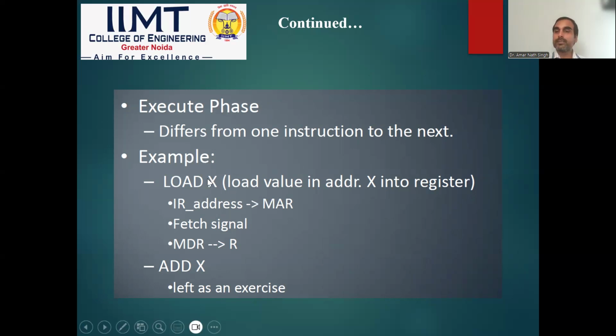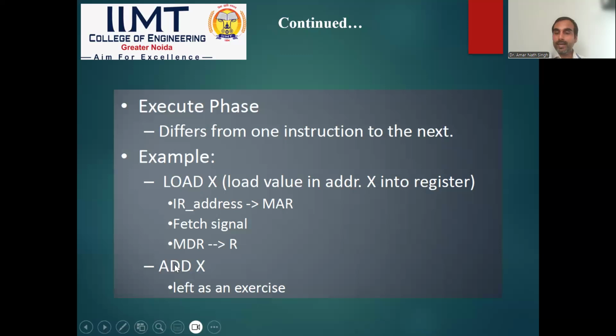Load is the operation that lets you load the value of x into the corresponding register, which is sometimes called an accumulator. Then the address is updated in the MAR, as we have already discussed in our previous slide. Then we go for the fetch operation, and finally the MDR assigns the value to the corresponding register. This much of the operations are accomplished when performing the load operation.